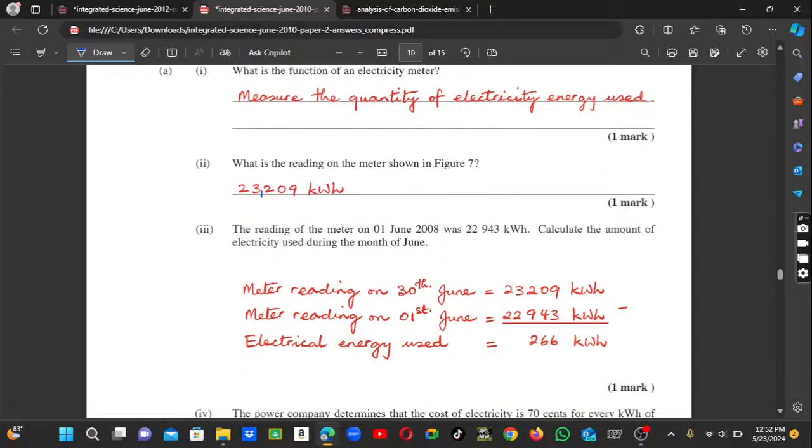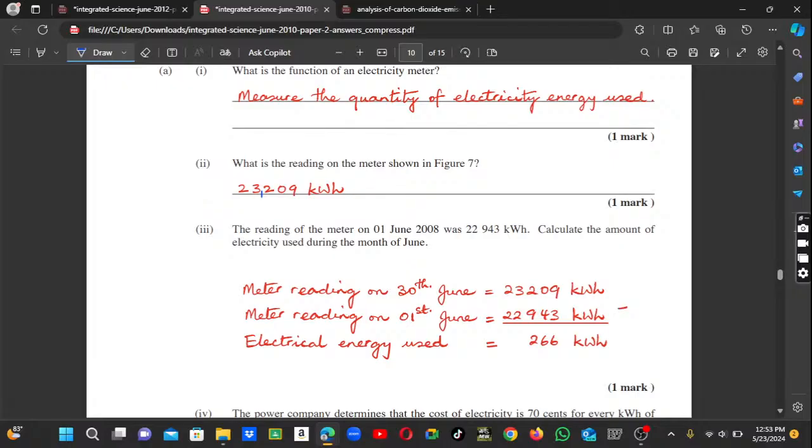Alright, so here it says the reading of the meter on June 1, 2008 was 22,943 kilowatt hours. This says calculate the amount of electricity used in the month of June. So if we read the meter here, the meter reading on June 30 would be 23,209, and the meter reading on the 1st of June would be 22,943.